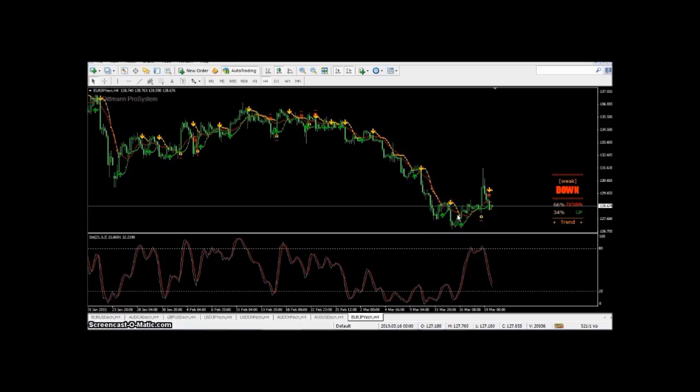So pick your pairs and start out with, I only had 3 or 4 pairs when I first started out, and I graduated up to being able to get to know a few more. That's a good way to start. And don't try to get on there and pick 10 pairs and guess what they're going to do, because you're not going to make any money. You're going to lose money.